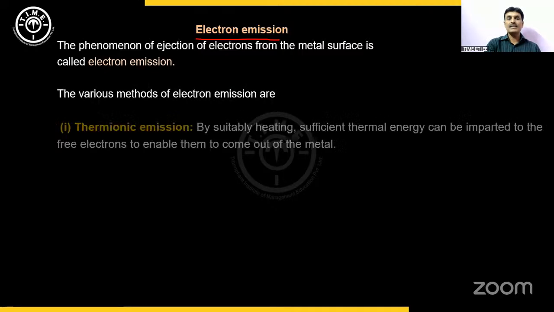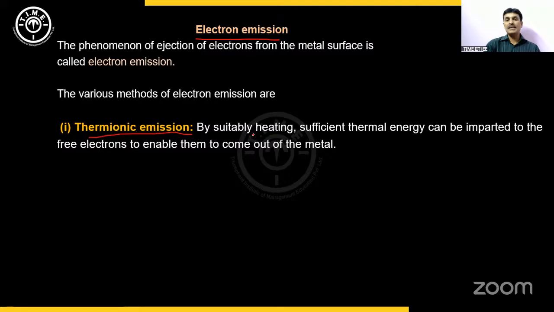The first one is thermionic emission. As I said, when temperature is increased, that means when a metal surface is heated, the electrons gain thermal energy. When sufficient thermal energy is imparted to the electrons, they can come out of the metal surface. This process of emission of electrons is known as thermionic emission.